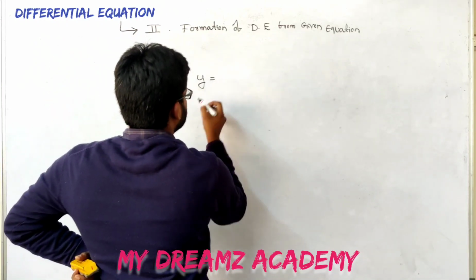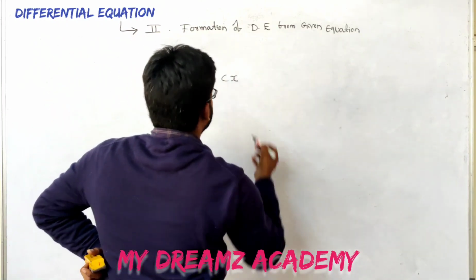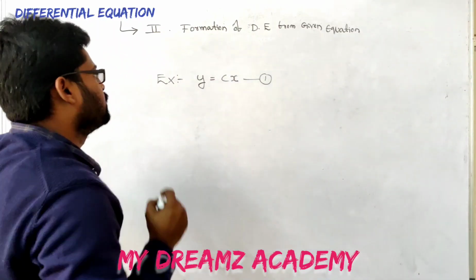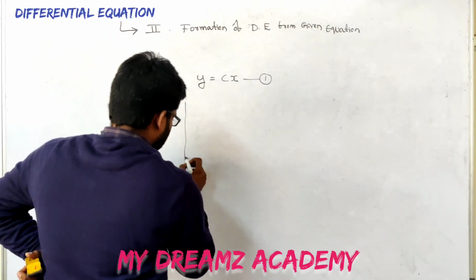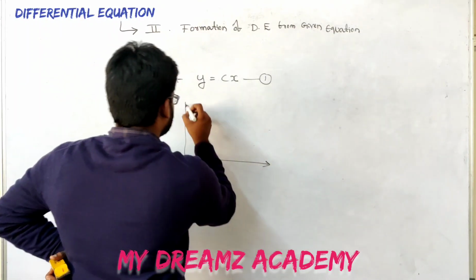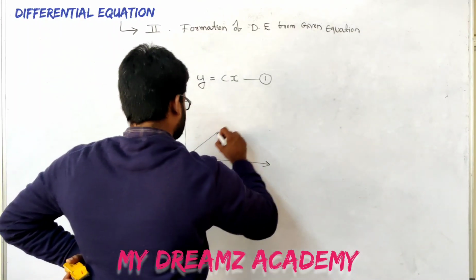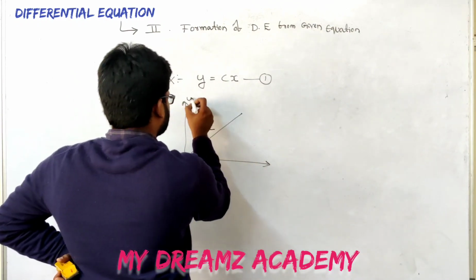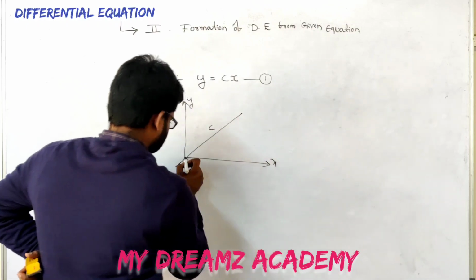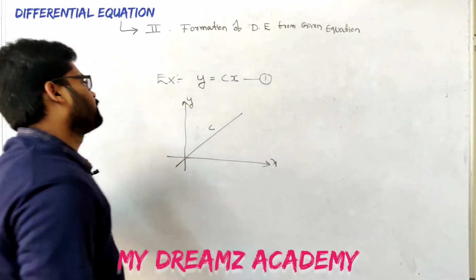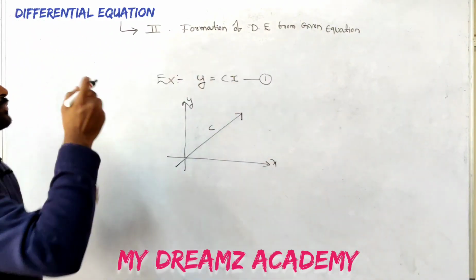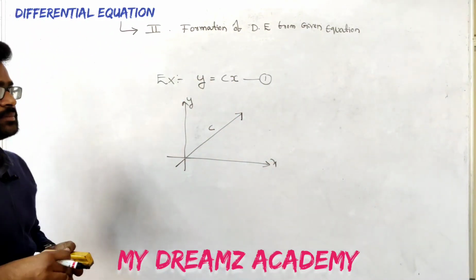y = cx is one normal equation, which is the equation for a straight line passing through the origin. The slope of this one is c. How to form a differential equation for this?